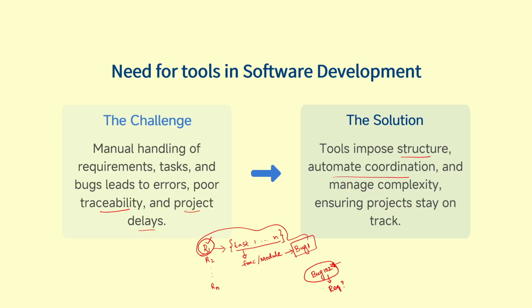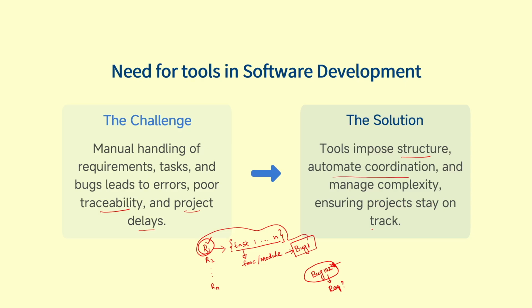So, when you make a change in one particular page, that will be reflected in all the areas where it is linked. When there is duplication, there are some problems, so that duplication will be handled by the tool itself, and it tries to manage complexity.